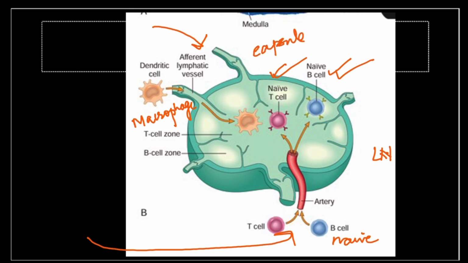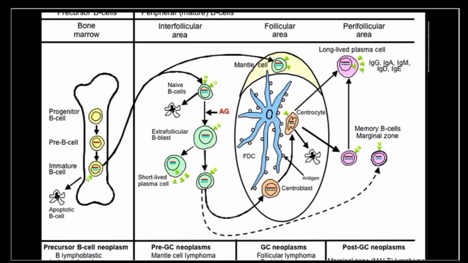So the lymph node, structure-wise, is going to have a capsule, a subcapsular sinus where the macrophages reside, a cortex, and a medulla. If the B cells are not activated, they form the primary follicular area. As you can see, the lymph node has an interfollicular, follicular, and perifollicular area.